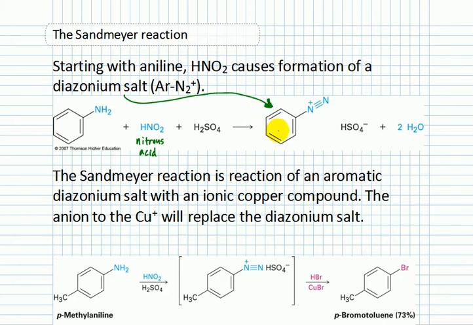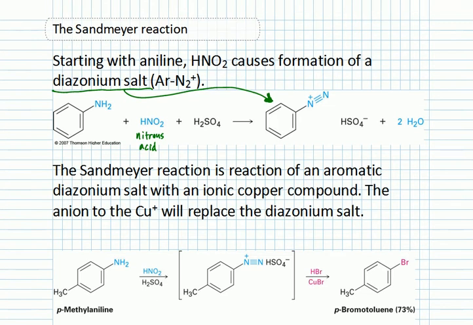That's where we have benzene, and then N triple bond N. And that first N has 4 bonds, so it's positive. That's our diazonium salt. And diazonium salts are very useful because if we react that diazonium salt with an ionic copper compound, the anion of that copper compound will totally replace the diazonium salt.